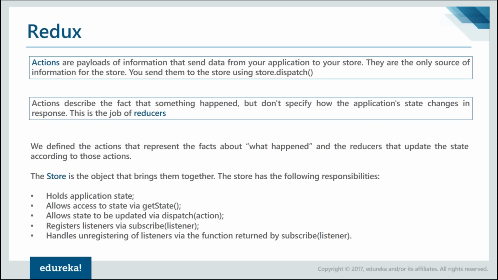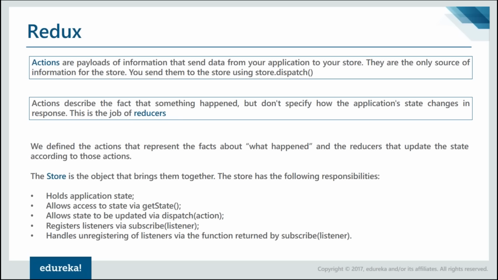What are the various components in Redux? First of all, they have actions, then reducers, then something called the store. We'll talk about all these things very quickly now. Actions are payloads of information that send data from your application to your store. So the store is getting data from actions. They are the only source of information for the store.